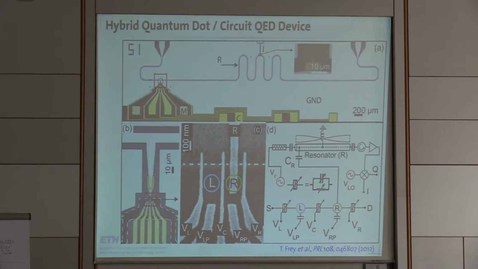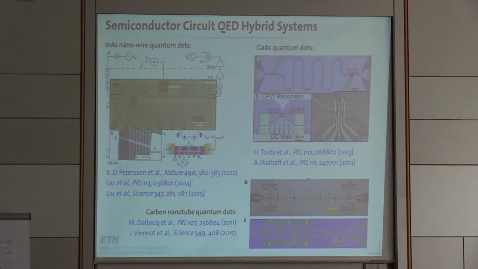That was our first type of device, and about the same time a number of other groups looked into similar devices. Takis Kontos' group looked at nanotube devices, shown here at the bottom, which have a similar structure, but where the semiconductor nanostructure is based on a nanotube.